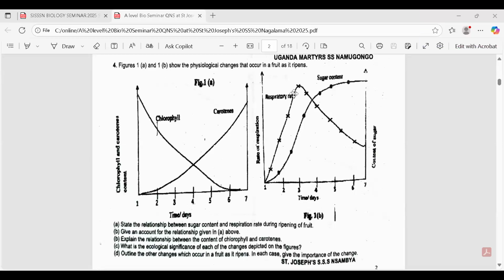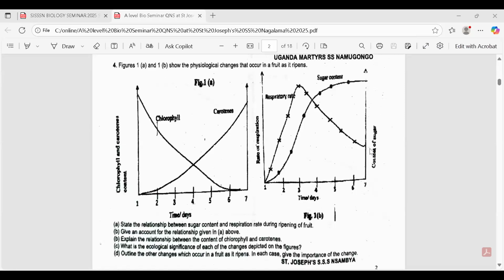Okay, that's good. That's their response, that as the respiration increases, the sugar increases. That's according to the Butogota Trinity College team.